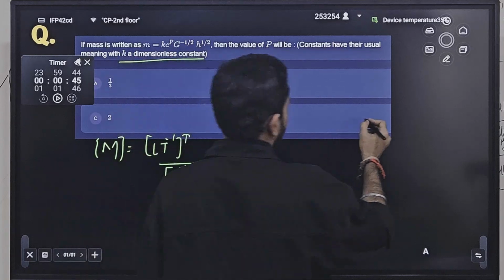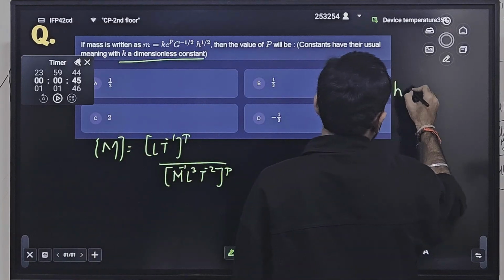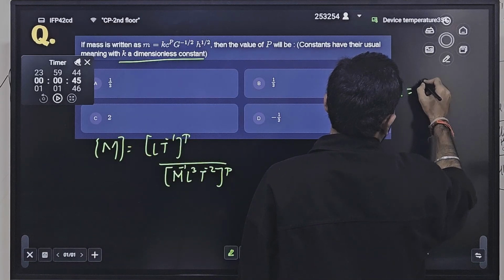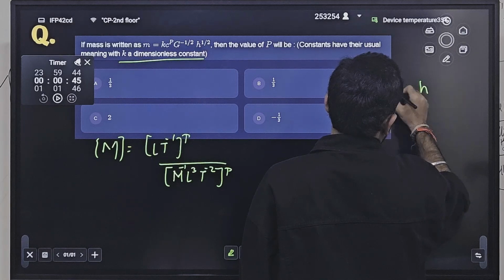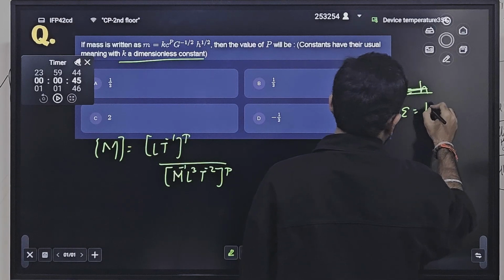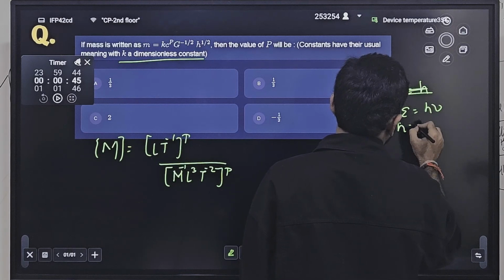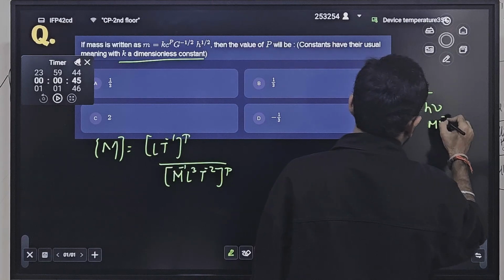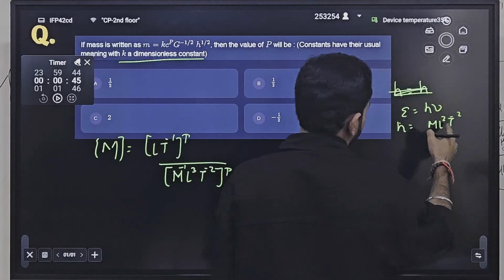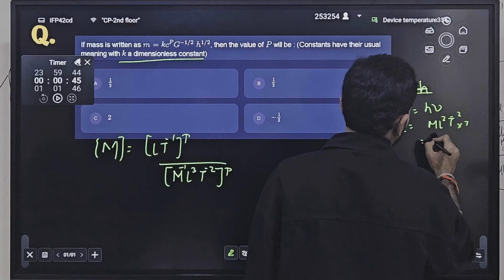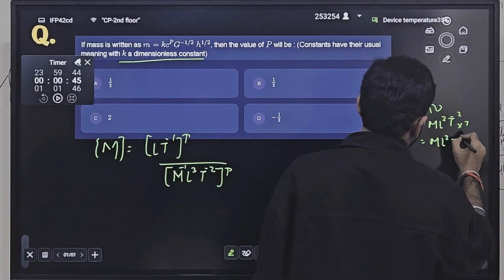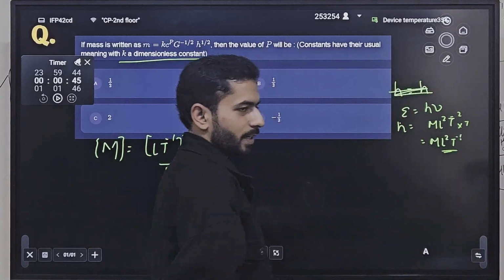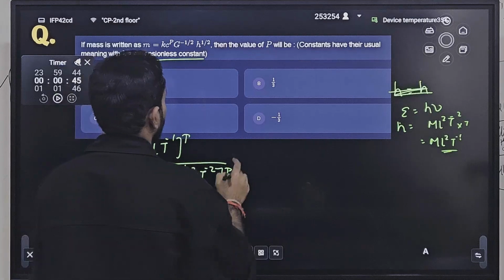You should remember the dimension of Planck constant, but I don't, so I have to find H. It can be written as energy is equal to H into nu. So H can be written as energy, that is M L square T minus 2, and here it is 1 by T, that is M L square T minus 1. It doesn't take a lot of time to find it, so I prefer this.